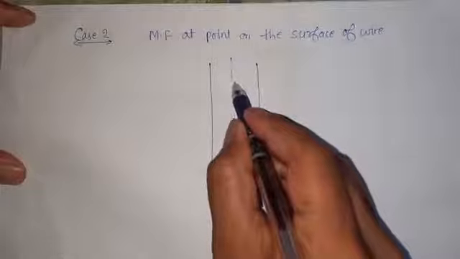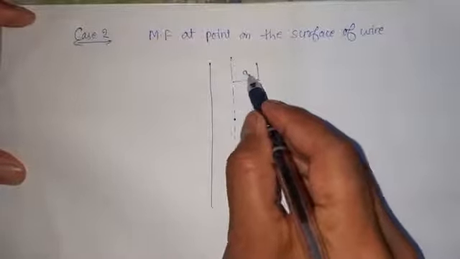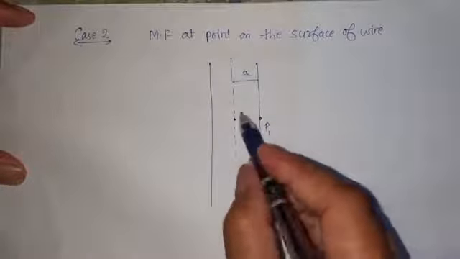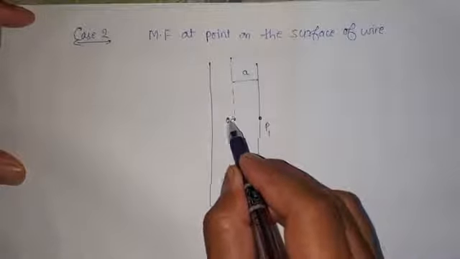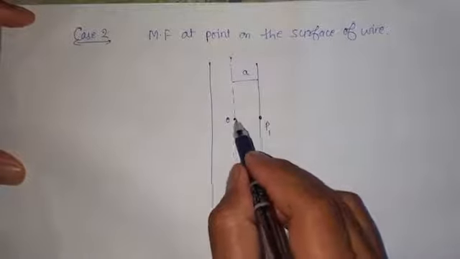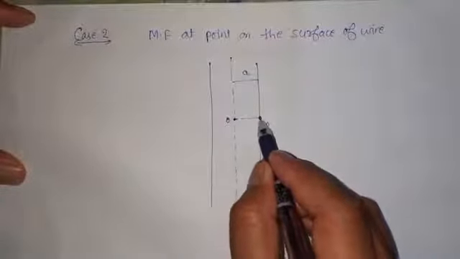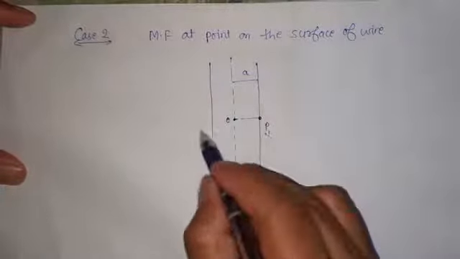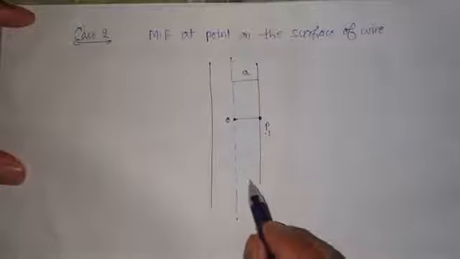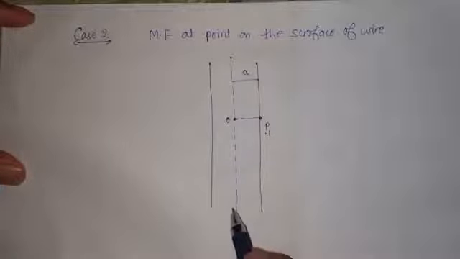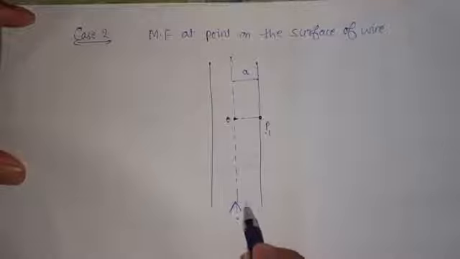As we already said, the radius of this wire is equal to A. So this is that point O, the center. Now over here, we have to find the magnetic field on the surface of the wire, and the current which is passing through this wire is going to be I.